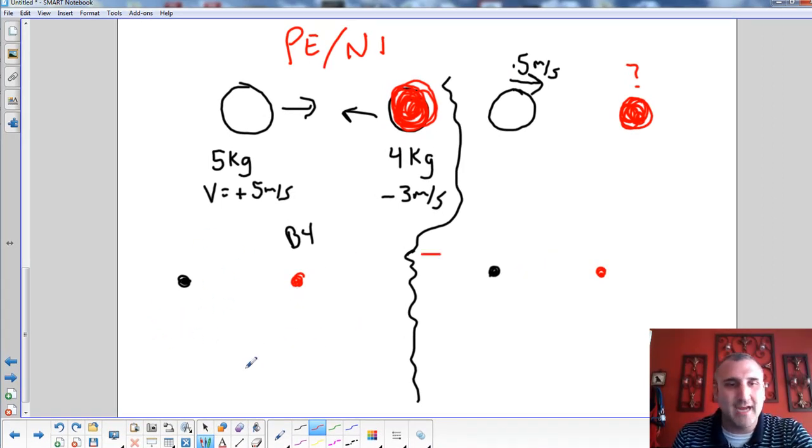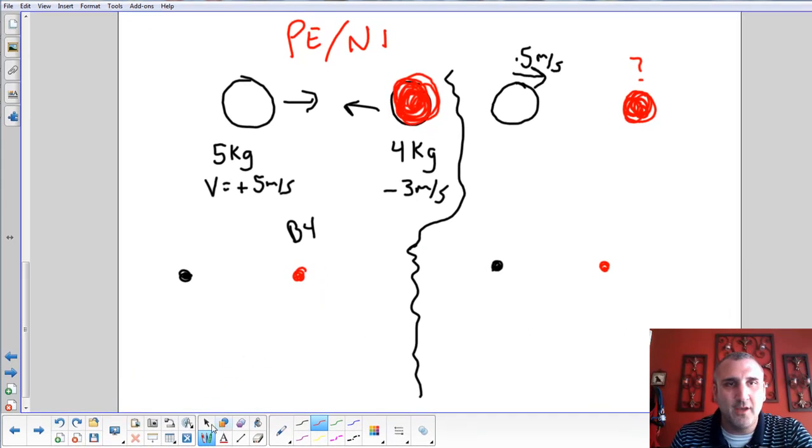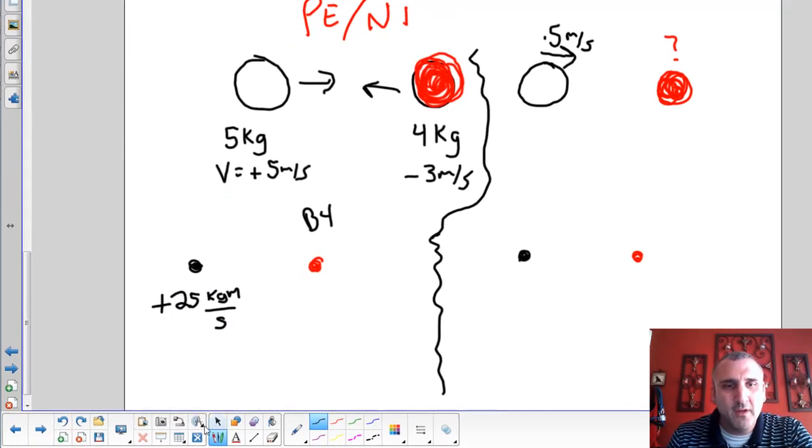So, in your infinite wisdom, 5 times positive 5 should give us positive 25 kilogram meters per second, black ball, before the collision. And for the red ball, 4 times negative 3 is going to be negative 12 kilogram meters per second.